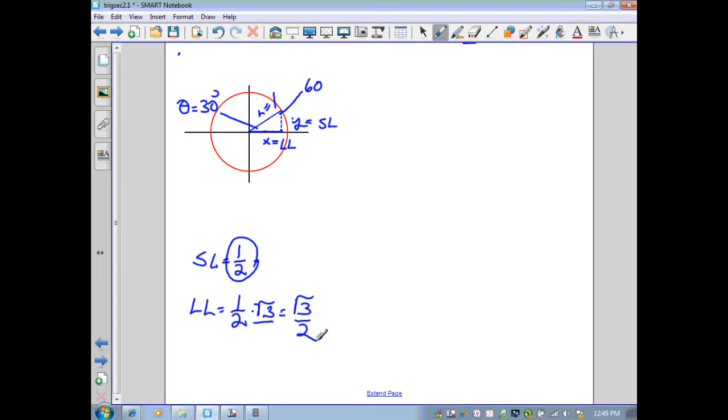From previous sections, we know that the sine of theta, and here 30 degrees, is going to be y over r. But I know that my y value, which is my short leg, is 1/2. So 1/2 for y divided by r, which is 1, is equal to 1/2.